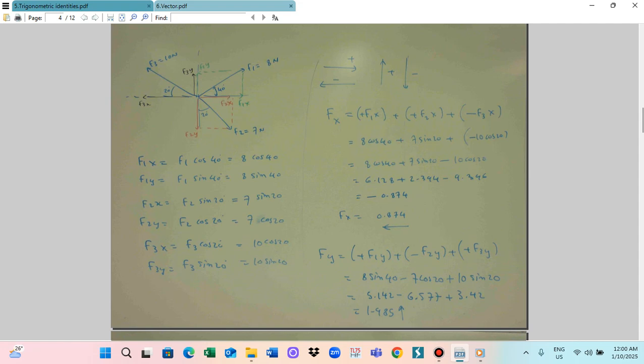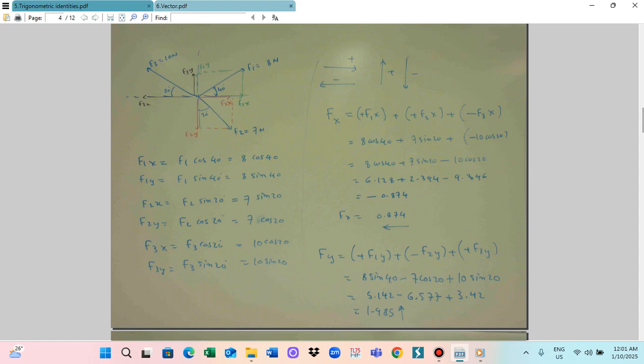But for F2y, we use the adjacent side, so you use cos: F2 cos 20 degrees. And similarly, you can calculate F3x is equal to F3 cos 20 degrees, and F3y is equal to F3 sin 20 degrees.